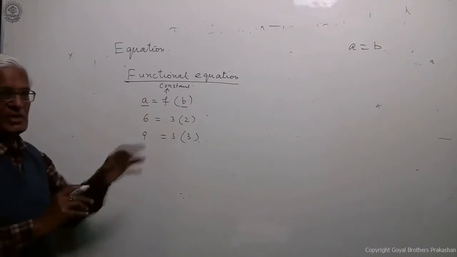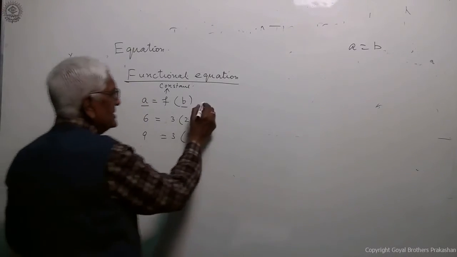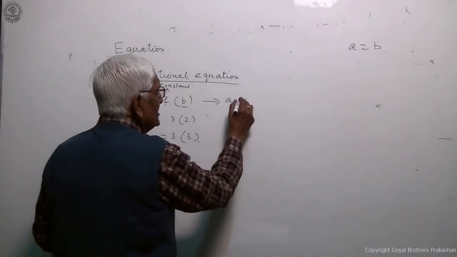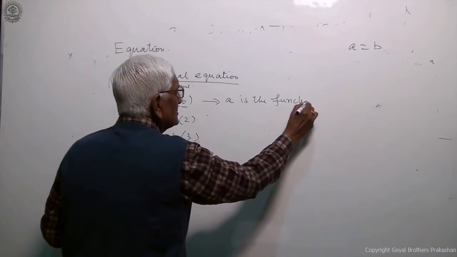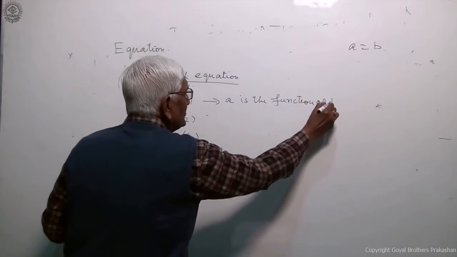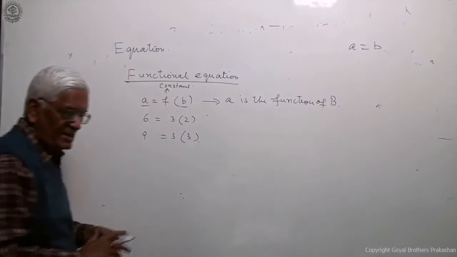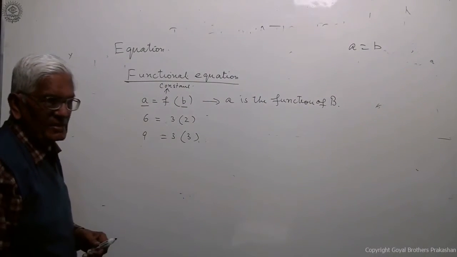This is called functional equation, where you can say A is the function of B.